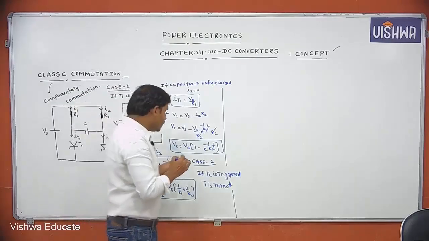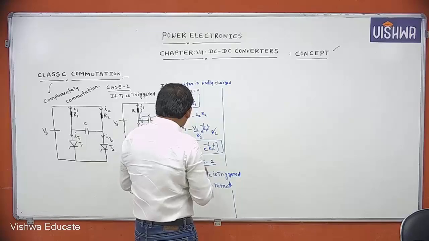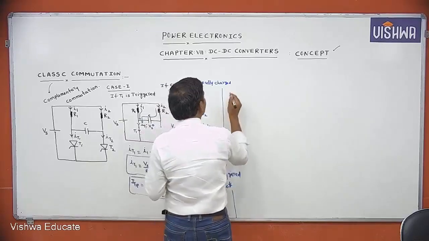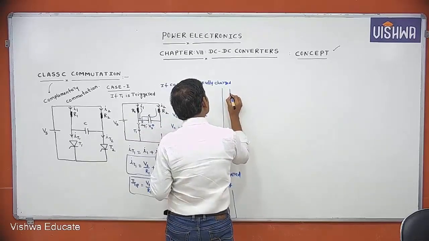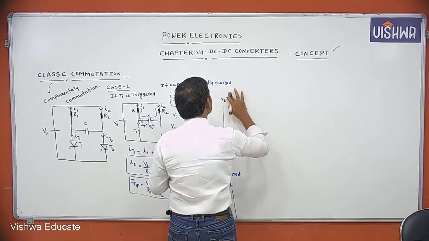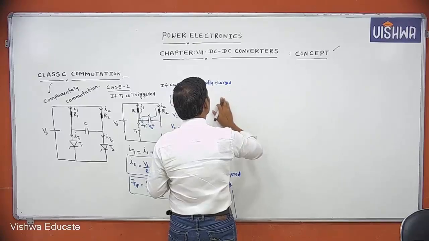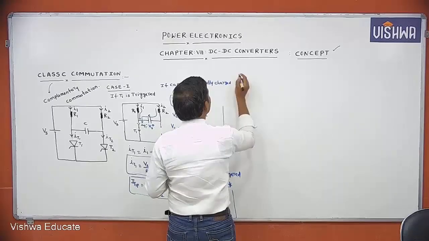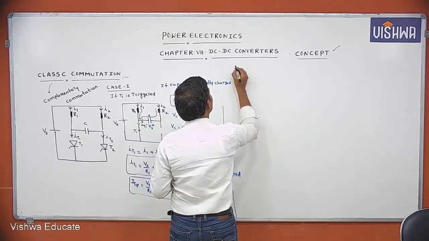Then what is the equivalent circuit? Whenever T2 is triggered, the equivalent circuit is like this.